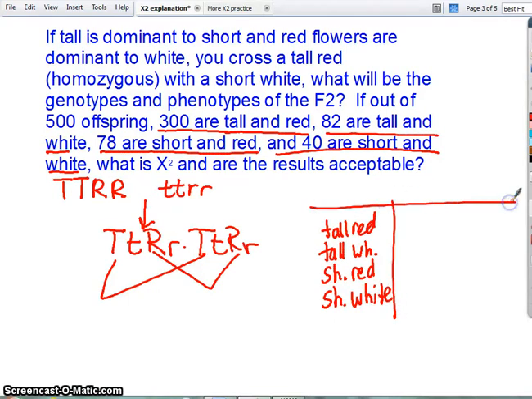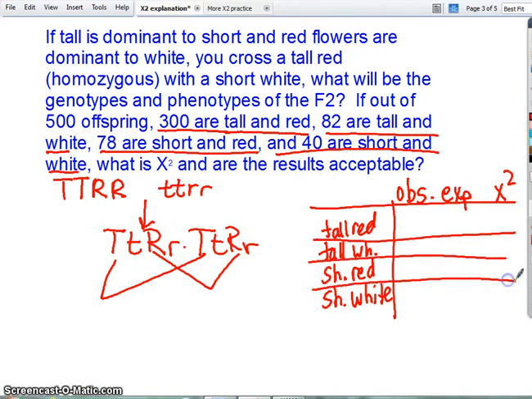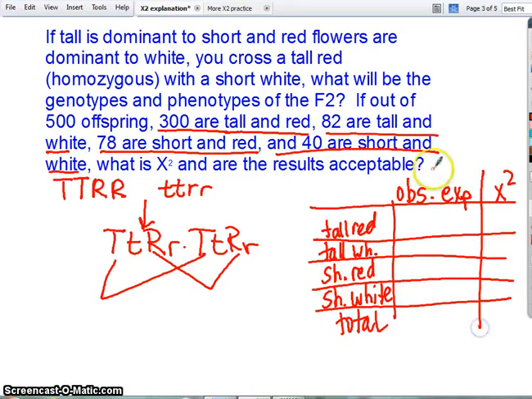All right, and then we're going to make our same thing. It's always going to be our observed, our expected, and our chi-squared. And our whole goal of this entire thing is to get our final chi-square, so that we can go to the chart.